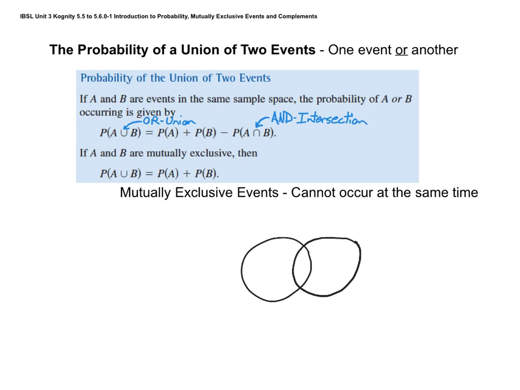Let's look at this here. We have A and we have B. This section right in here is A and B. This circle is A, and we'll do this in green.